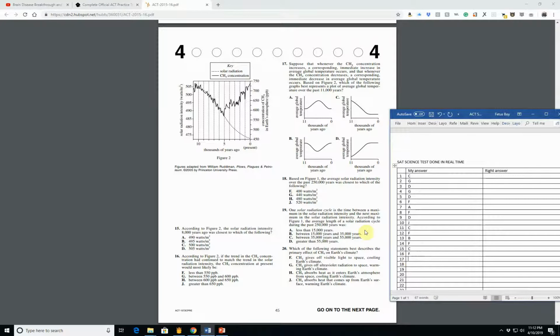Alright, suppose that whenever the CH4 concentration increases, a corresponding immediate increase in the average global temperature occurs, and whenever it decreases, a corresponding immediate decrease occurs. Okay, I don't think that's really how that works, but fine, let's go with it. Based on Figure 2, which of the following graphs best represents a plot of average global temperature over the past 11,000 years? Okay, well then it's going to be kind of like so B. So okay, so that's got to be B. Alright.